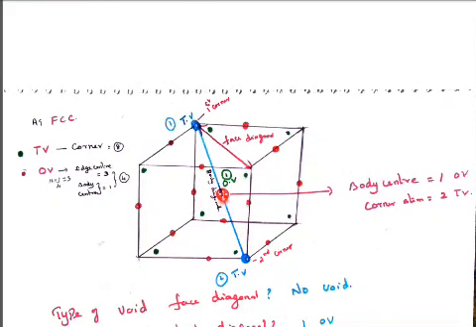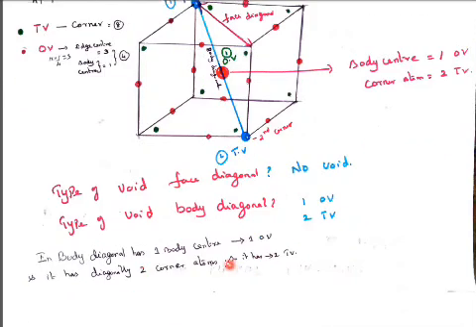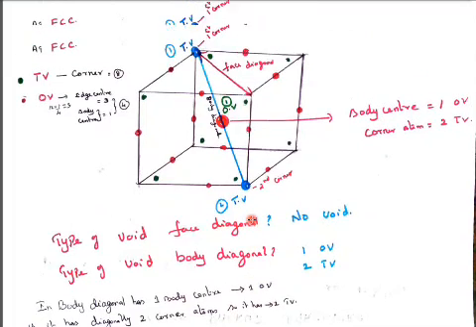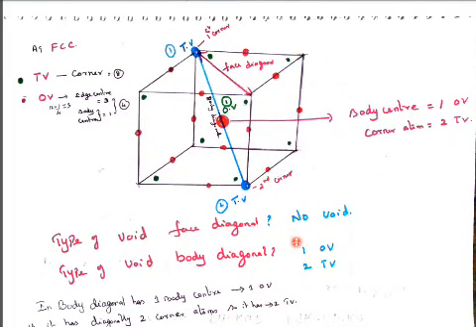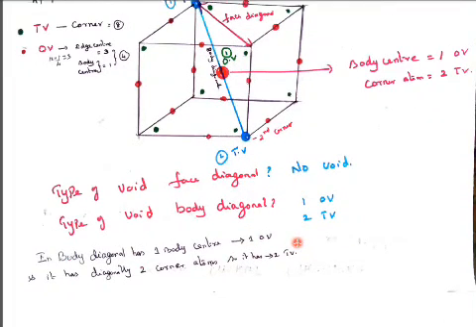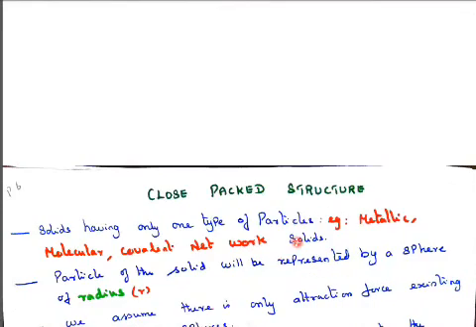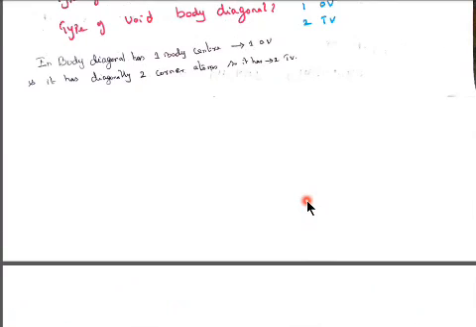So a body diagonal line has one octahedral and 2 tetrahedral voids. So what are the types of voids in a face diagonal and body diagonal? Face diagonal, no voids at all, and body diagonal we have 2 tetrahedral voids due to 2 corner atoms. Thank you, students.